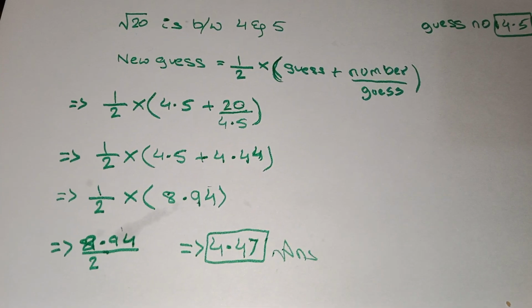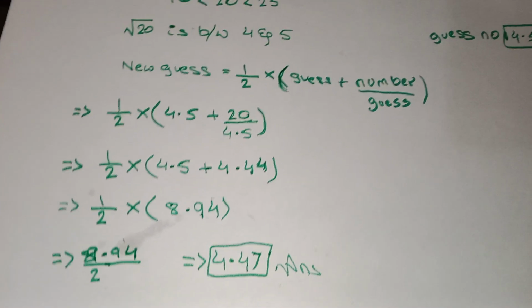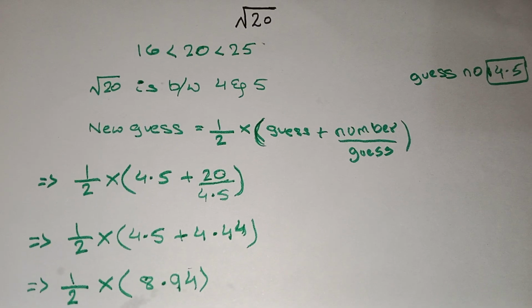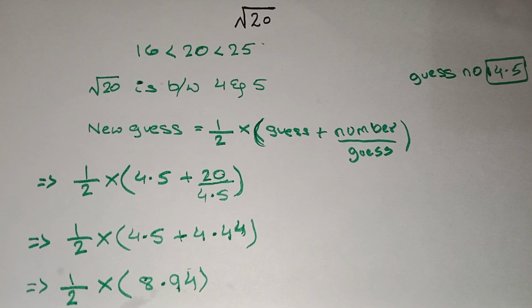This is a lengthy step, a lengthy formula, but it is very useful to find non-perfect square roots in paper 1, because paper 1 is very lengthy. From 2024 onwards, paper 1 has been converted from 50 to 100 marks.